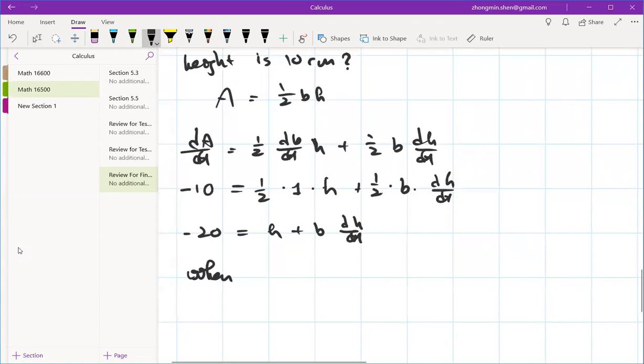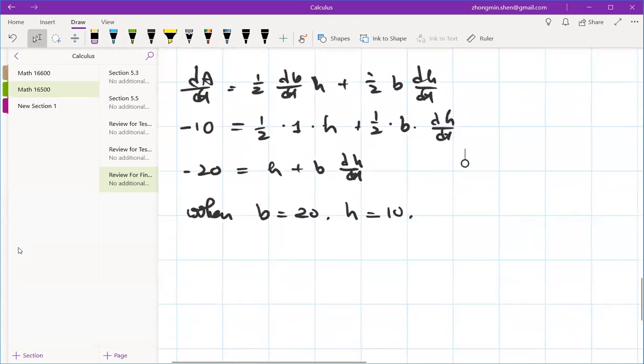So when b equals 20, h equals 10, right? Then you get h equals 10, b is 20. Then you can find the rate of change of the height.